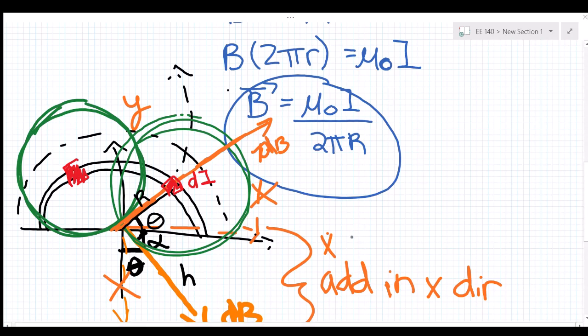It's R d theta because we're going to be integrating these tiny pieces to find the total magnetic field, which we will calculate next.